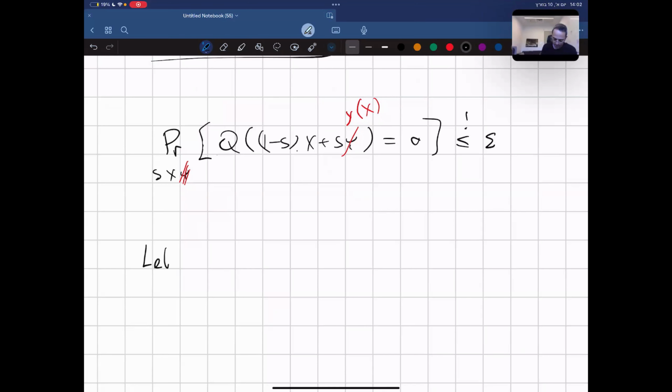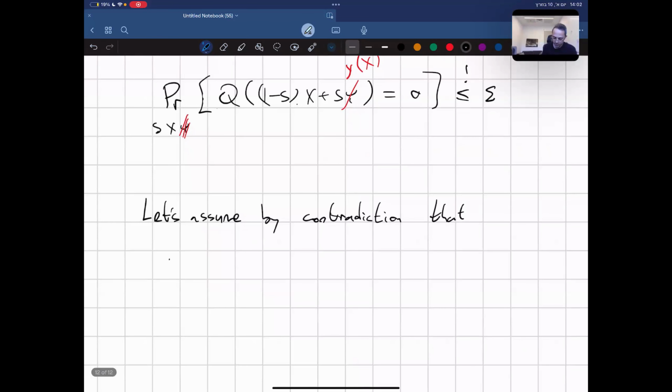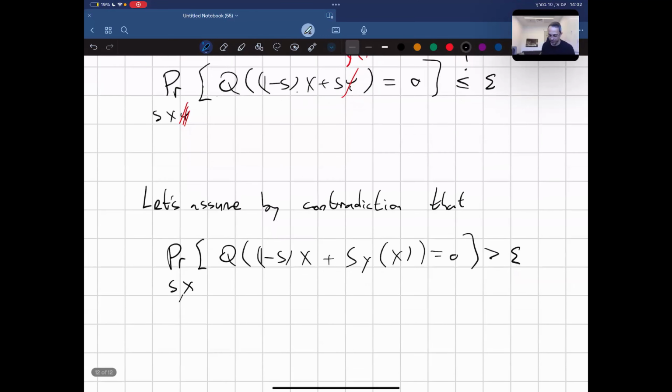So let's assume by contradiction that, and then I'm going to run the reverse thing, over all S and X, the probability that Q of (1 minus S)X plus S times little y of X is 0 is at least epsilon.